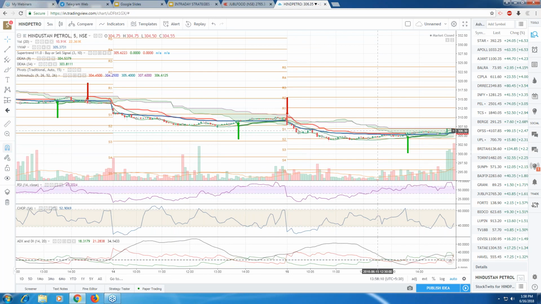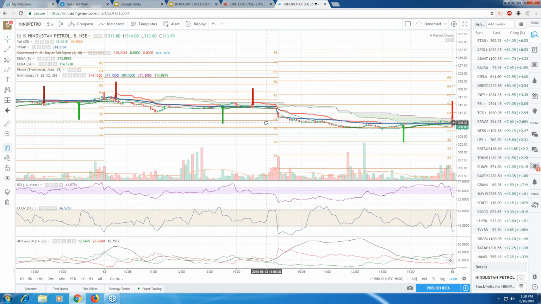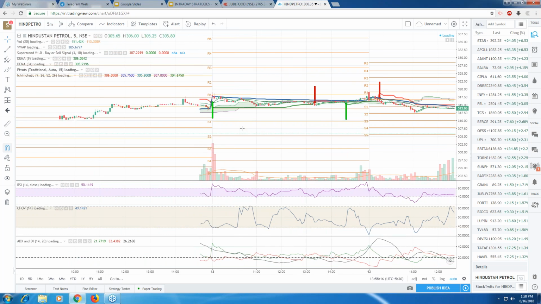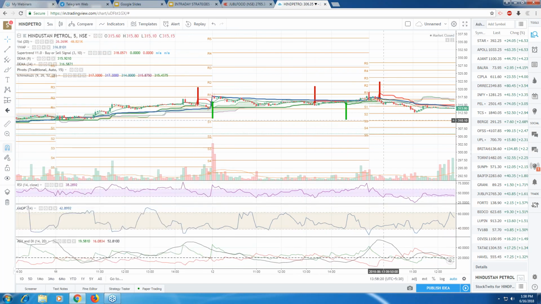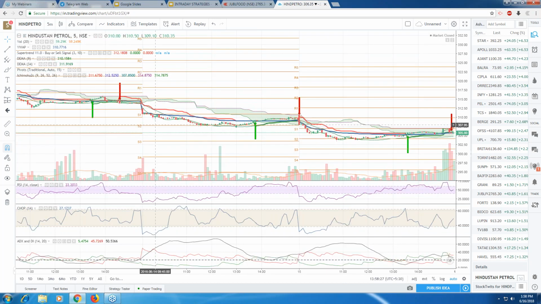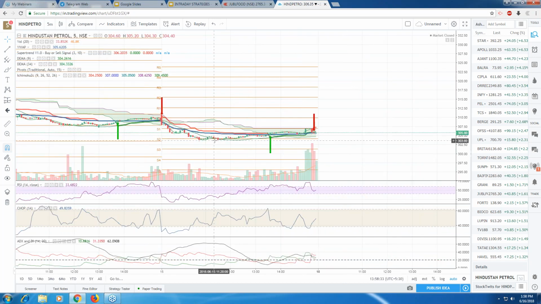If the cloud is below, you can understand the stock is in the uptrend. If the cloud is pierced in the downward direction, somewhere here, then from here, which is 316 onwards, the stock is in the downtrend only, and it touched even 303.